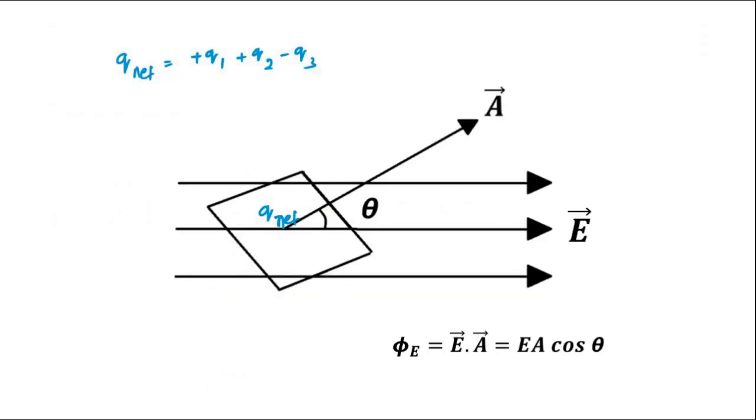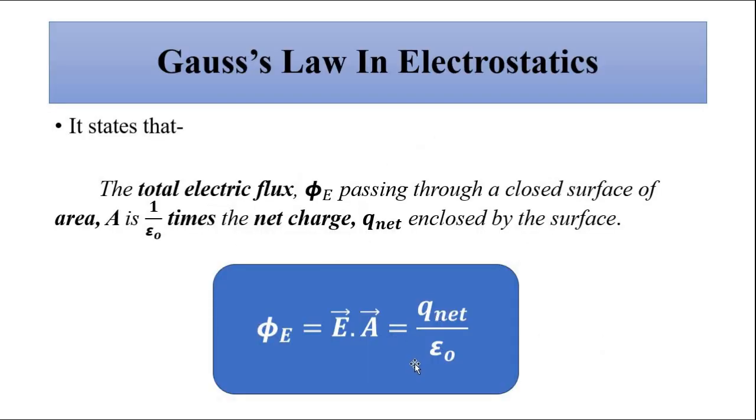There are two ways in which we can determine the electric flux. First, through the dot product of the electric field and area vector. And the second one, if we have the net charge, then we can also determine it as 1 by epsilon 0 times the net charge.